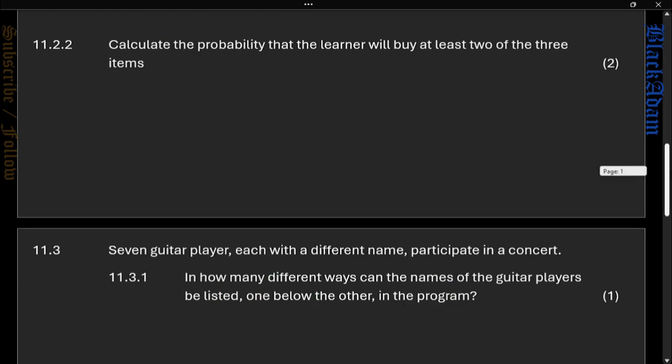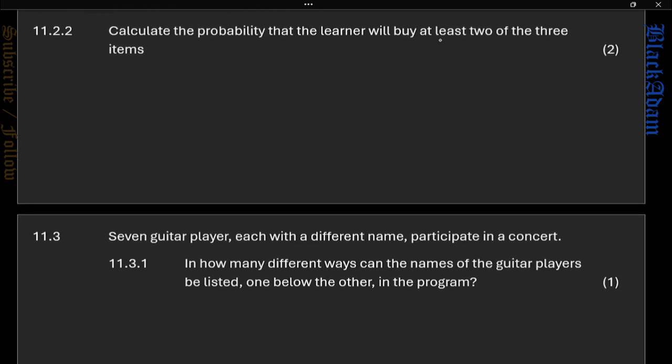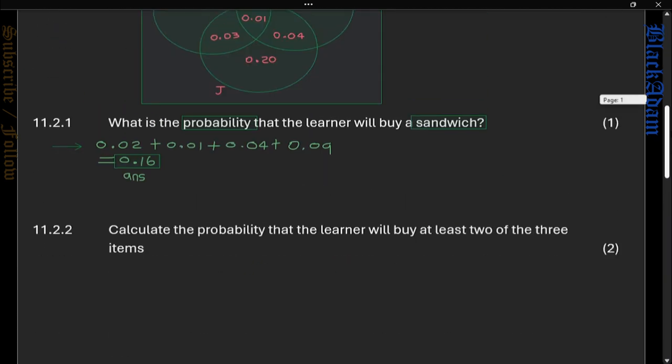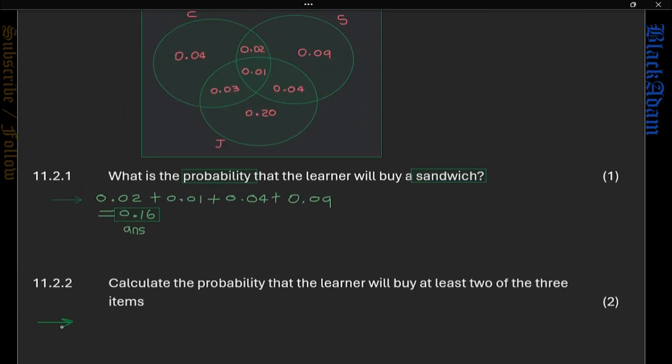Next, we have to solve the question where it says at least 2 of the 3 items. So at least 2 is everything that shares an intersection, and that is what we are looking for.